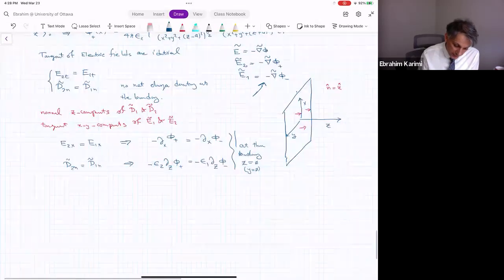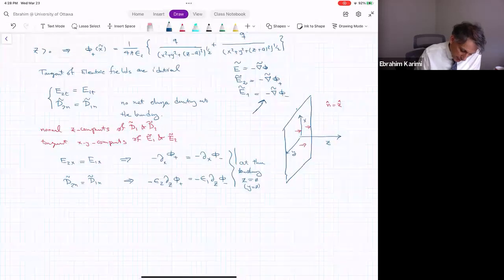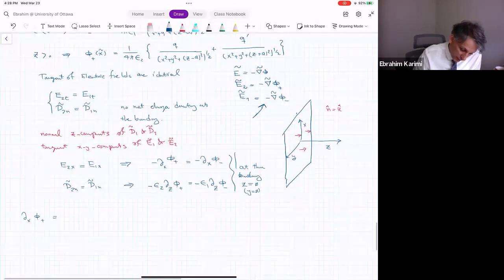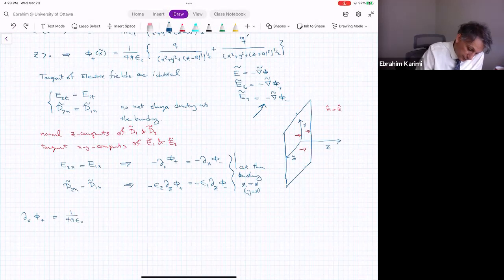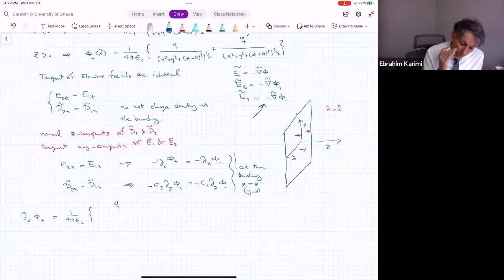Let's take the derivatives. The derivative with respect to x of phi plus, where phi plus is the above one, will be 1 divided by 4 pi epsilon 0 epsilon 2, q, taking the derivative with respect to x. Let's go with the negative sign: minus 1/2, the 1/2 goes away and the minus goes away.